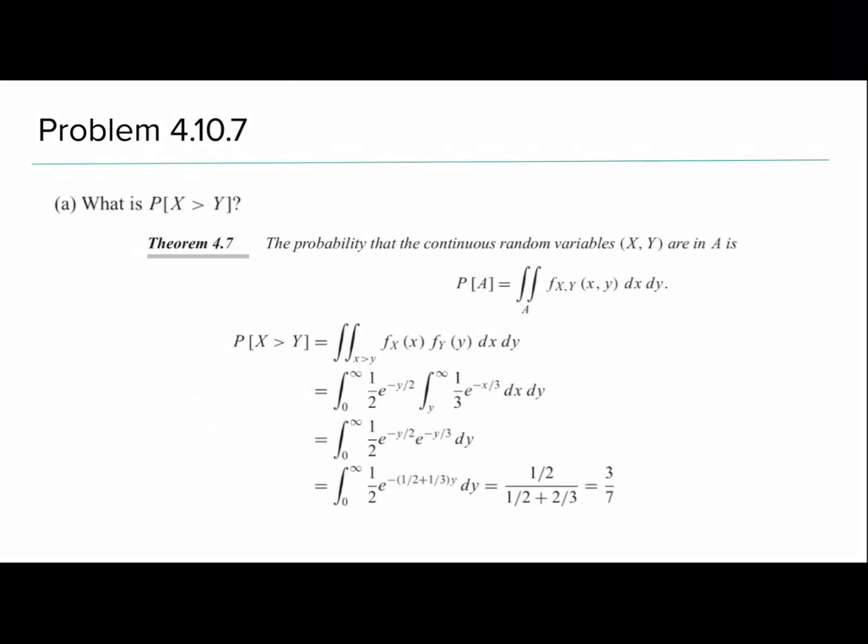And so what we get for the integral is 1 by 2 e to the power minus y by 2 into the integral of 1 by 3 e to the power minus x by 3 dx, and the limits are from y to infinity.